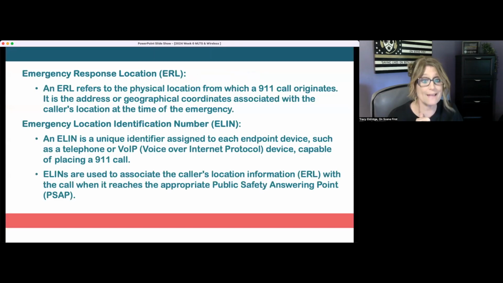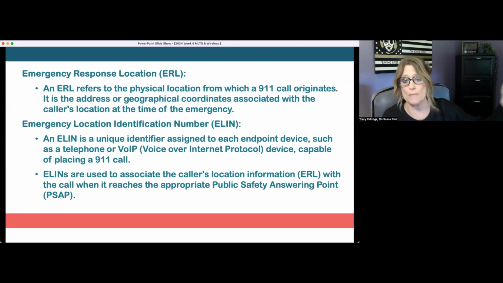So let me break that down for a second. Emergency response locations are the location within the location. An ERL refers to the physical location from which the 911 call originates. It's the address or geographical coordinates associated with the caller's location at the time of the emergency. We don't call the location for a 911 caller an ERL.